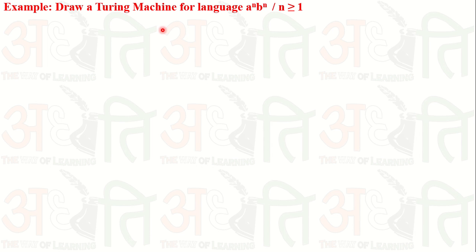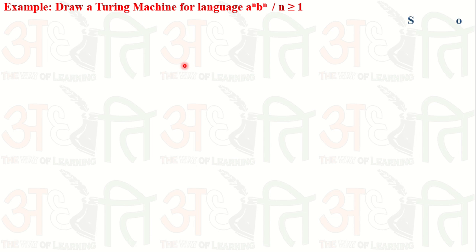What does the Turing machine contain? As we discussed in our previous video, the Turing machine contains a tape, which holds the input string and blank symbols, and a control with a head that moves to read or write a particular symbol on the tape.